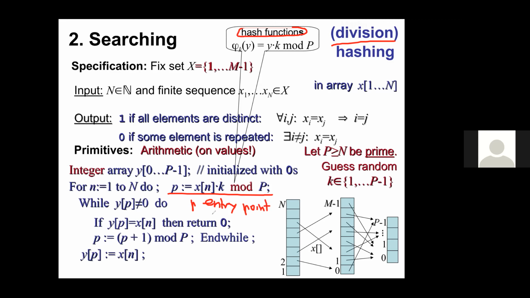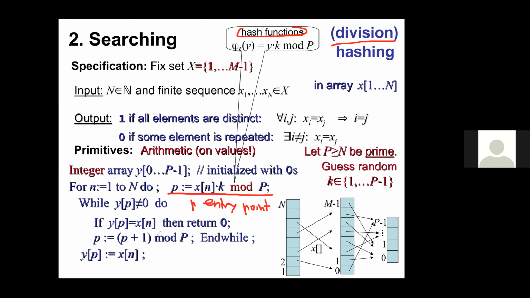Now the problem is you cannot use the p directly to store the xn, because there can be different xn's with the same p. And you cannot overwrite a previous xn by a next xn, because you need the information of all the xn that you have previously.